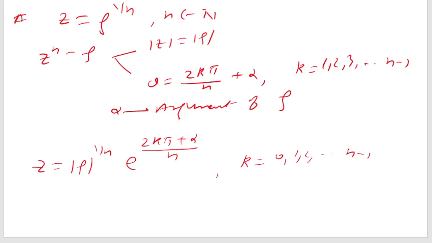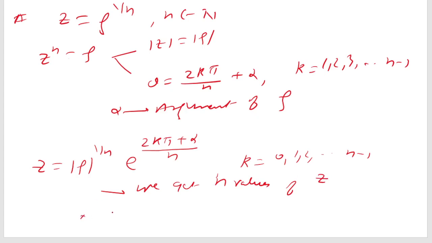Here we get n values, because for k from 0 to n minus 1 there are n values. So we get n values of z, n values of the nth root of complex number rho.